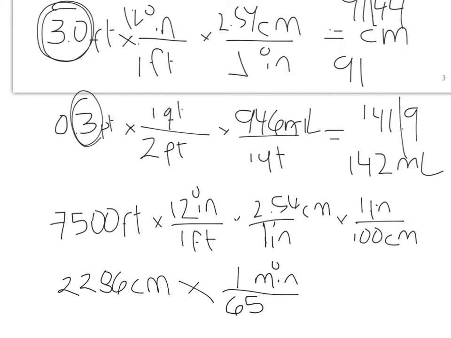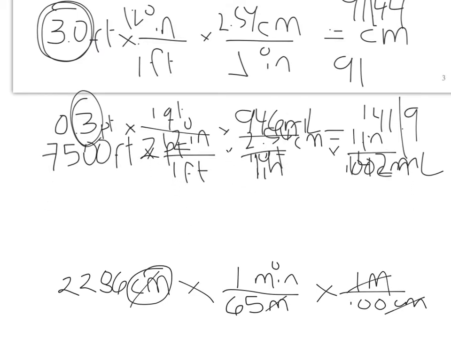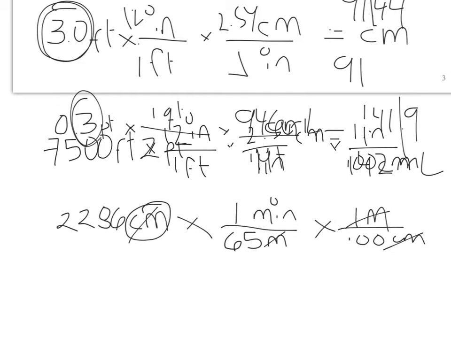Okay, so in here we had it in centimeters, so we have to convert those, 100 centimeters to 1 meter, so they can cancel out. The answer to this problem should have two significant figures, so the answer is 35 minutes.